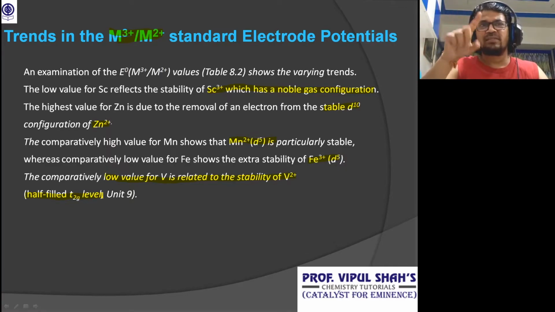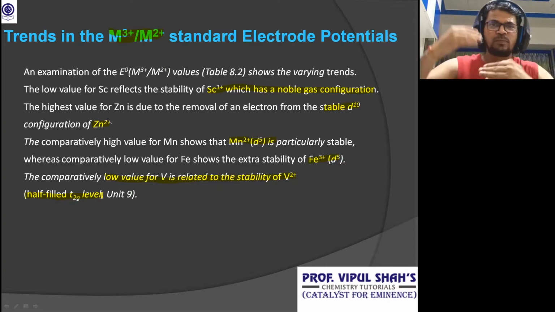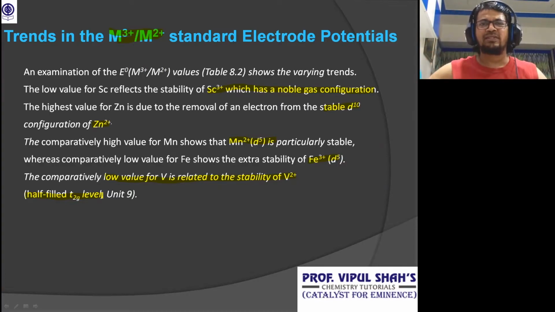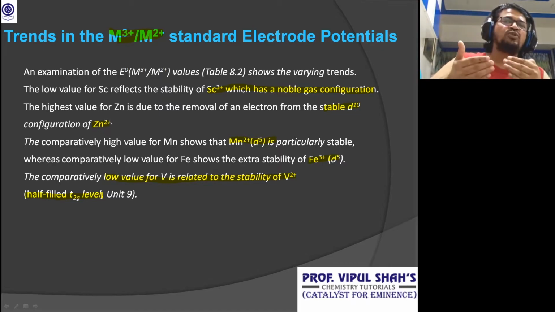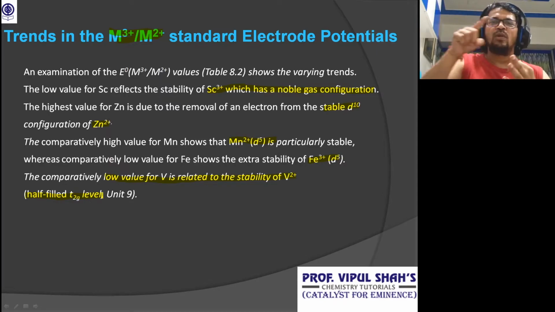So V2+, 2 of the 4s are out, so 3d3. But when the ligand comes to form complexes, the orbitals split into 2 levels. For an octahedral complex, t2g is the low energy level, with 3 orbitals, dxy, dyz, dxz. One electron goes into each, because V2+ has 3 unpaired electrons, so again half filled. That's why we say stability is more.